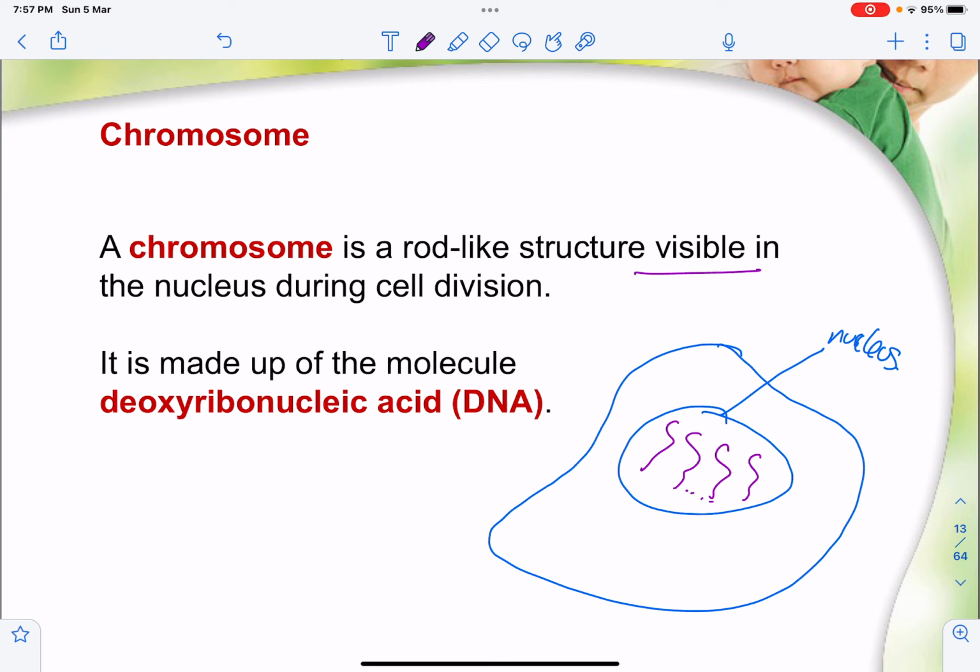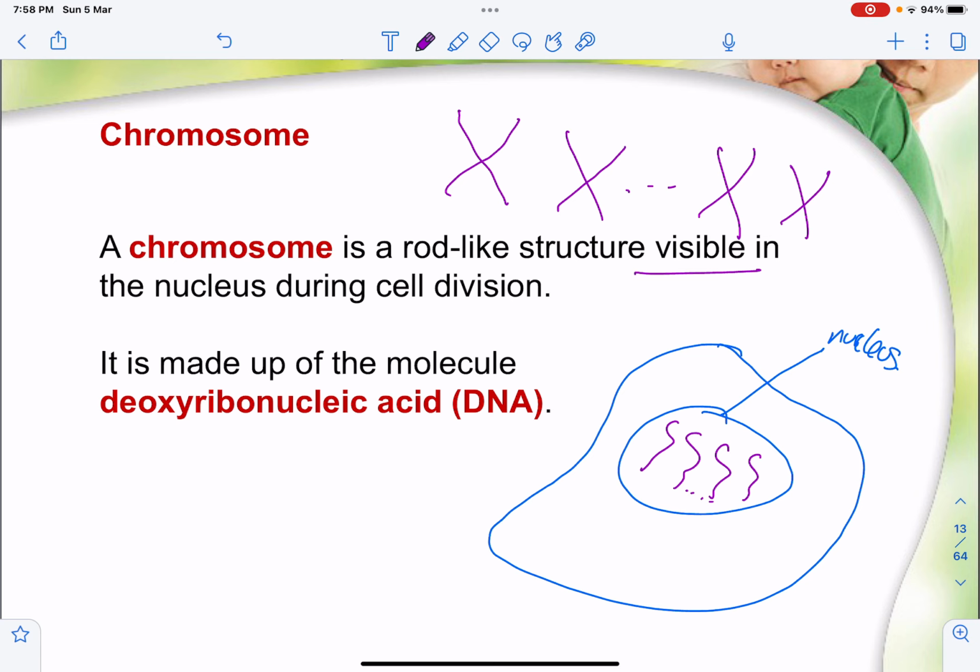So when it's condensed, it will be something like that. Okay, like a cross like this. And this is one chromosome. So there's altogether 23 pairs of chromosomes or 46 chromosomes in a normal human cell. And all of these are made up of DNA, which is deoxyribose nucleic acid. We will talk more about this in the next chapter on molecular genetics, because DNA comes from a few words.